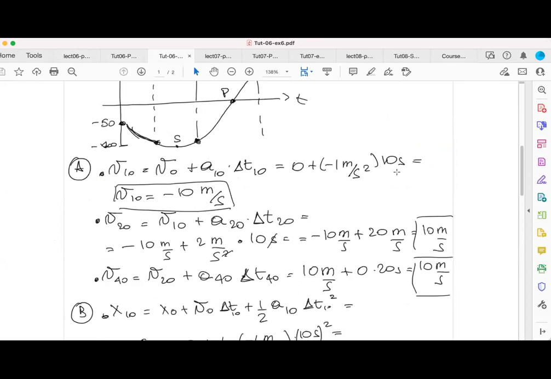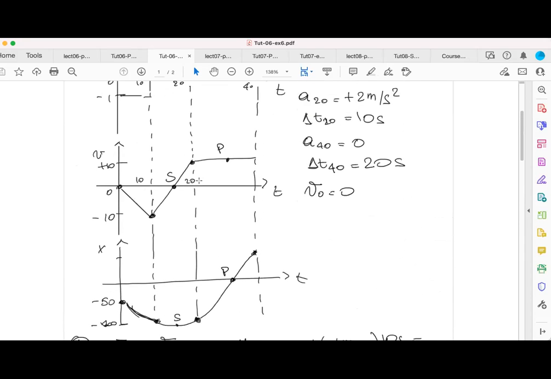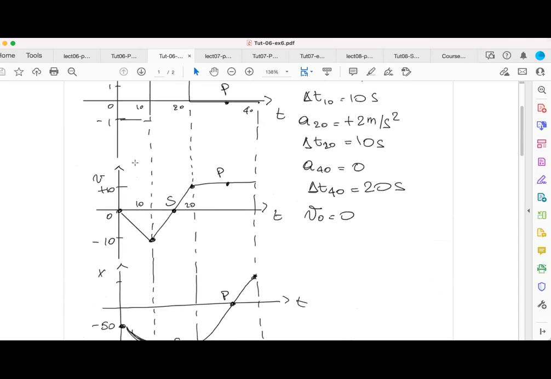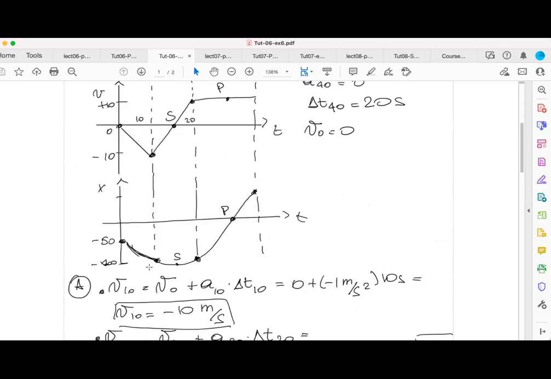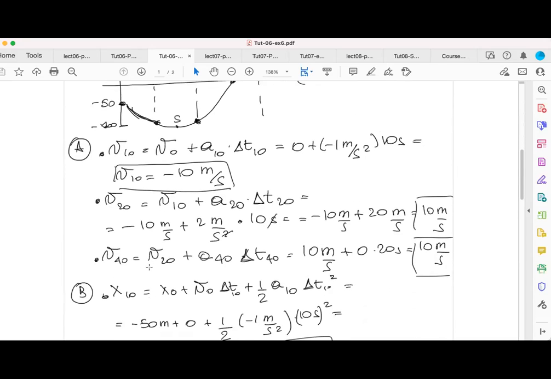If we make the calculation, we find that the velocity at 10 is equal to minus 10 meters per second. So we can just draw here that the velocity goes from 0 to minus 10 meters per second. Very good.